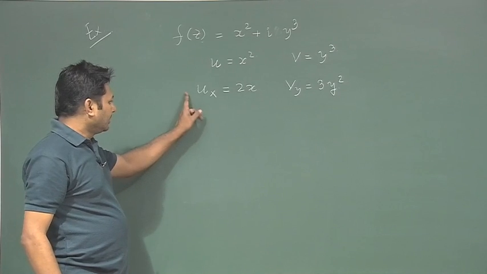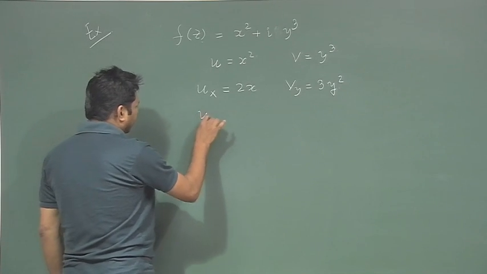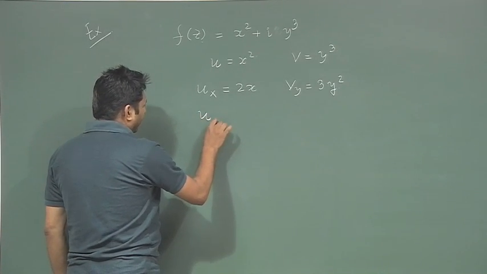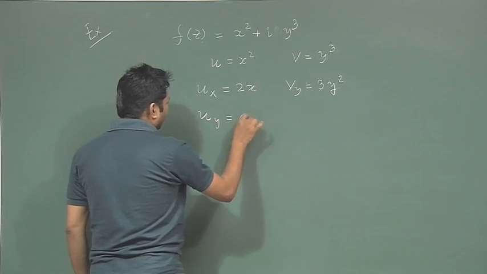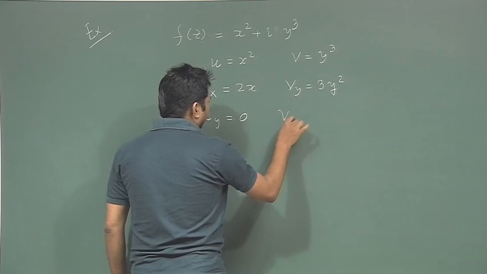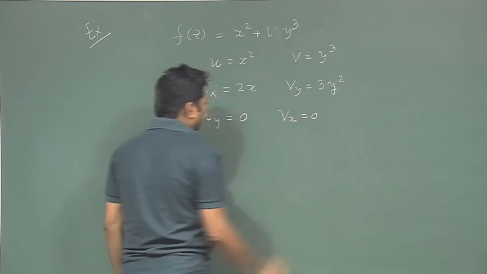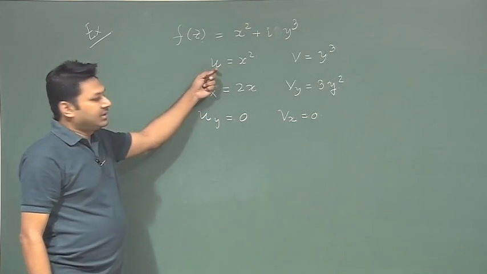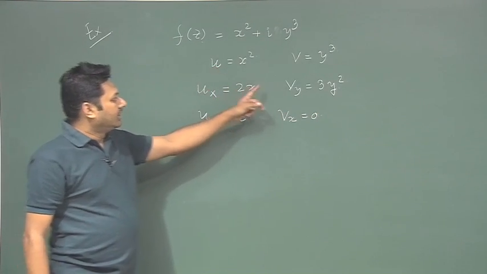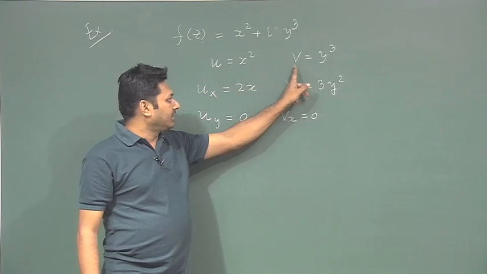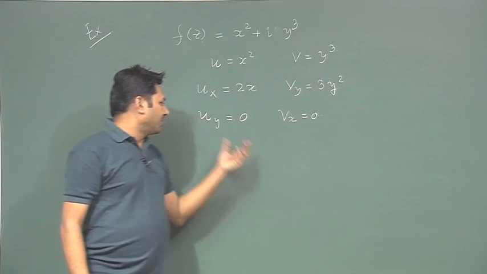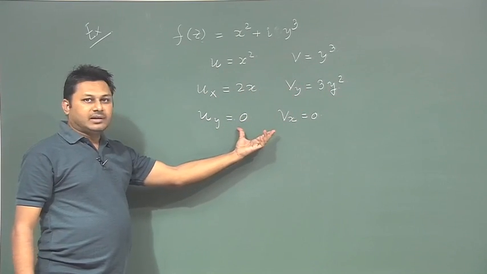This is one equation. The second equation: u y is 0 and v x is 0, because u is not an explicit function of y, and v is also not an explicit function of x. So both are 0 and 0.